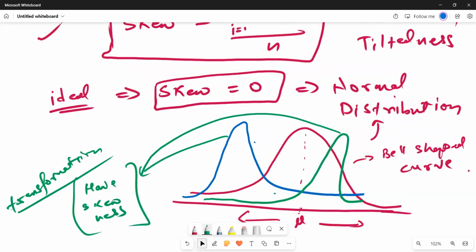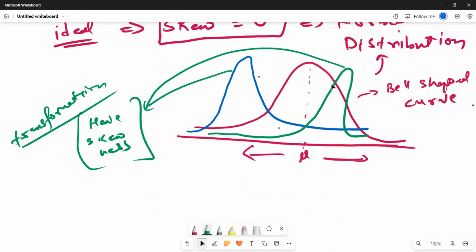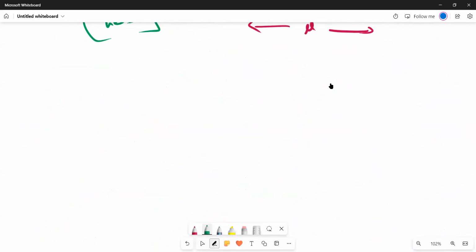So as already informed, this is the formula that you're going to use to calculate the skewness of any given data, right? So let's say you can simply take the same data set that we have been taking since the mean of the data.